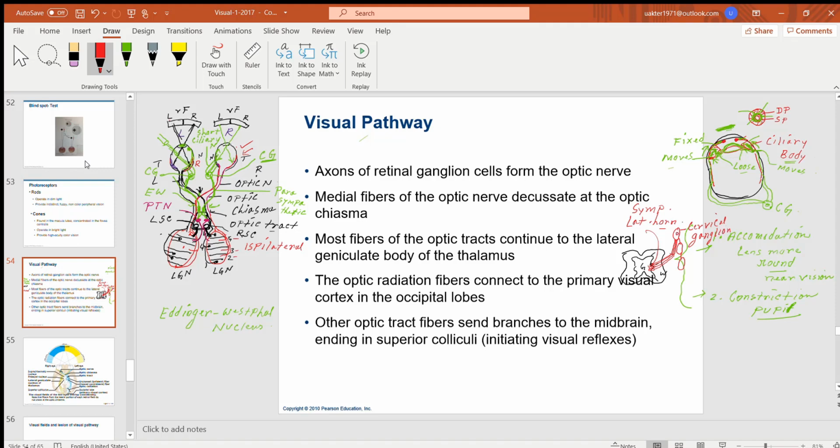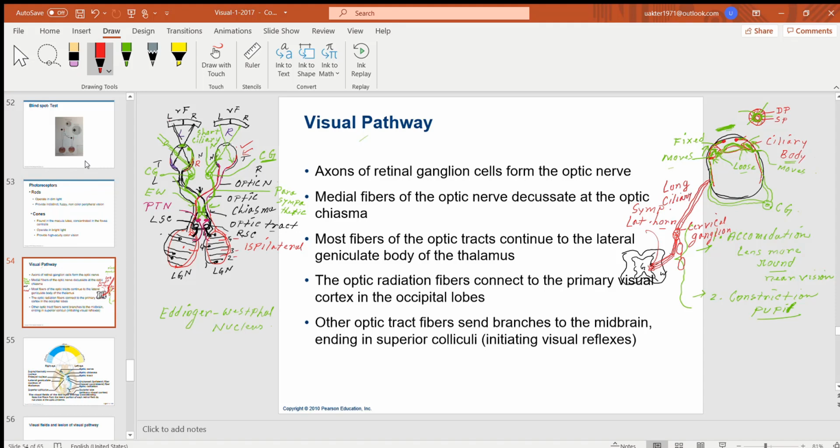And these neurons here will receive that signal. Makes sense? And then the axons of these sympathetic ganglion neurons will form the long ciliary nerves.